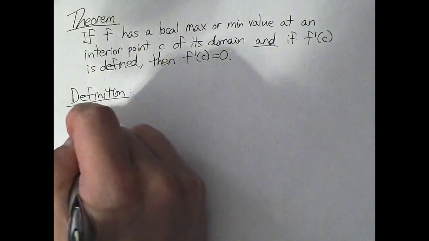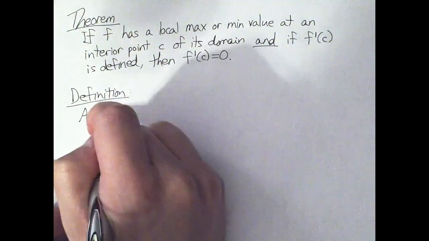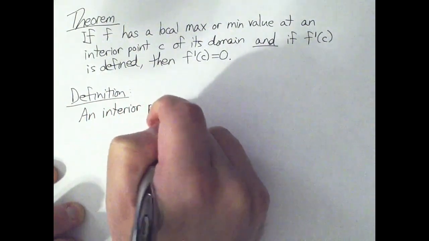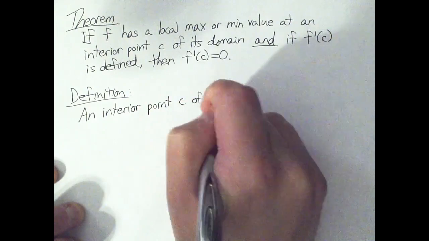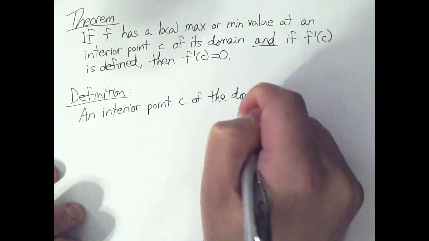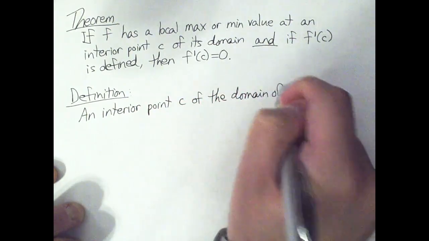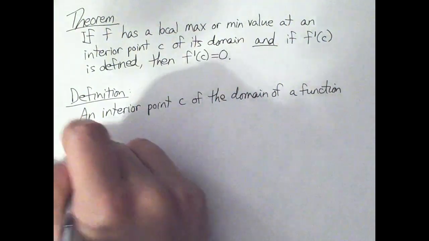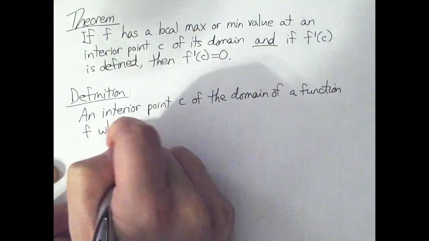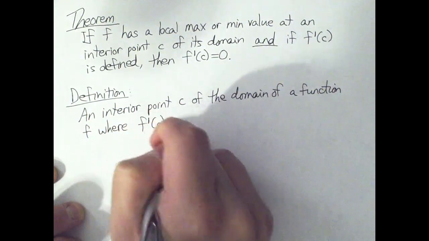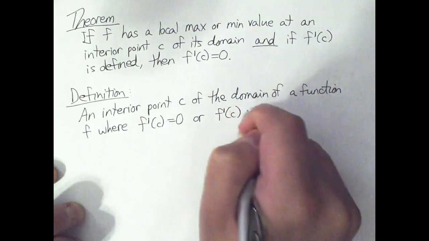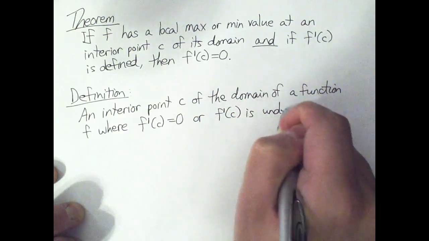And we have a name for these places. An interior point C of the domain of a function f where the derivative is 0 or the derivative is undefined.